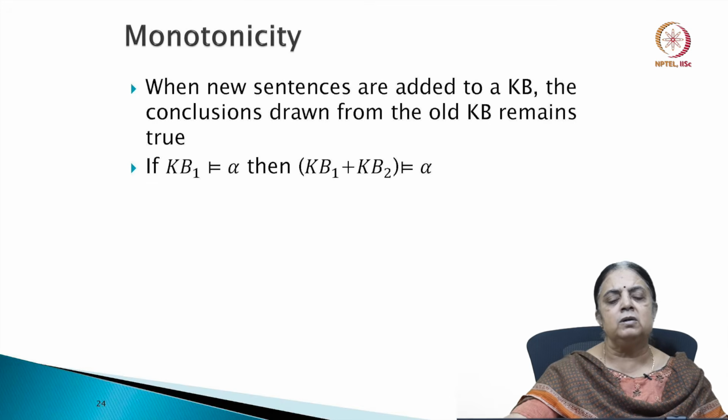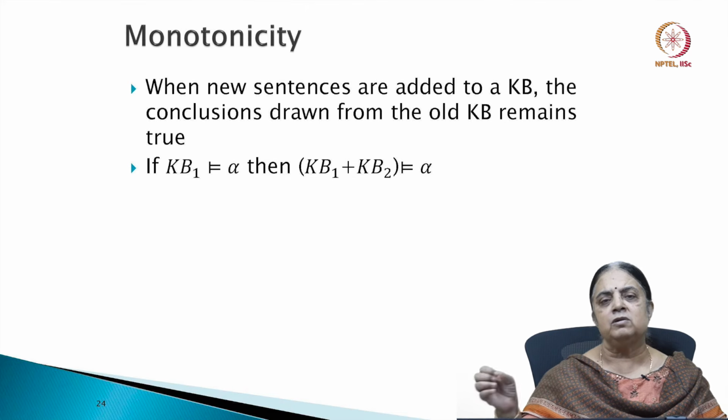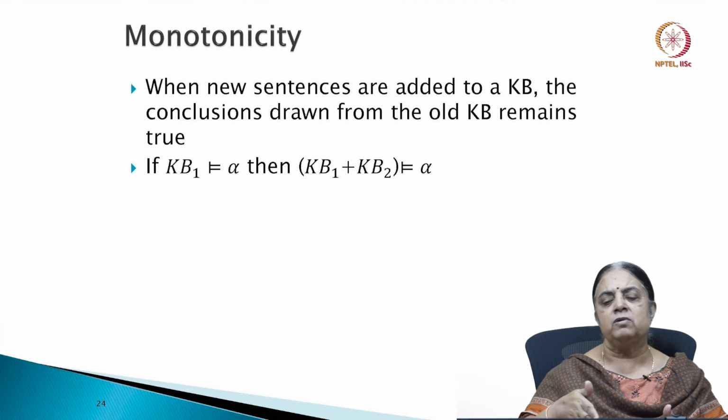Okay, now suppose you have a knowledge base and you are using it to entail a particular conclusion. You are drawing some conclusion from that knowledge base. Now suppose you add new sentences to that knowledge base. Can you draw the same conclusion?